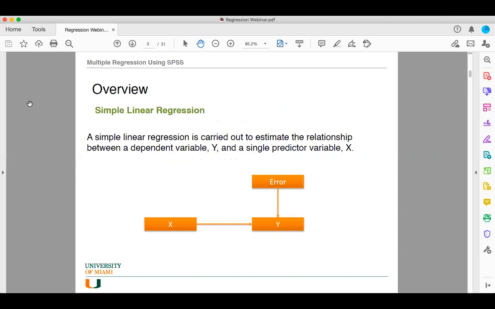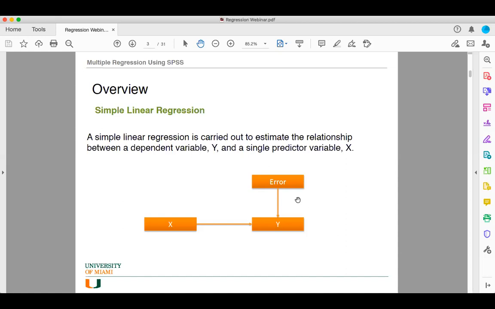Of course, if we want to talk about multiple linear regression, we should introduce the simple linear regression idea at the beginning. Simple linear regression is carried out to estimate the relationship between a dependent variable, in this case y, and a single predictor variable, which is x.